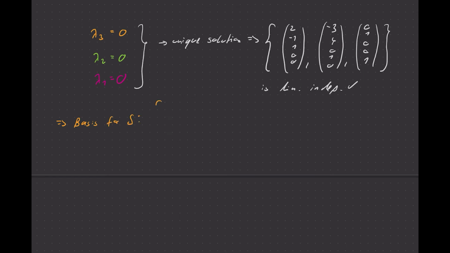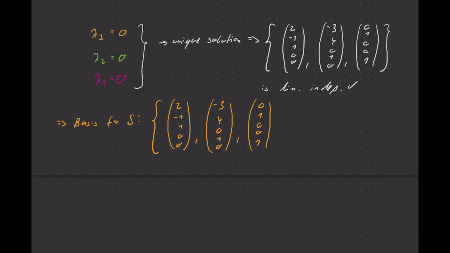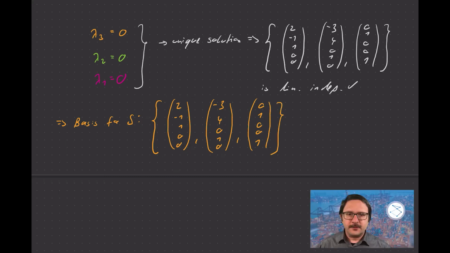And that is just this set of three vectors: (2, -1, 1, 0, 0), (-3, 4, 0, 1, 0), and (0, 1, 0, 0, 1). So that's the desired basis for our solution space.